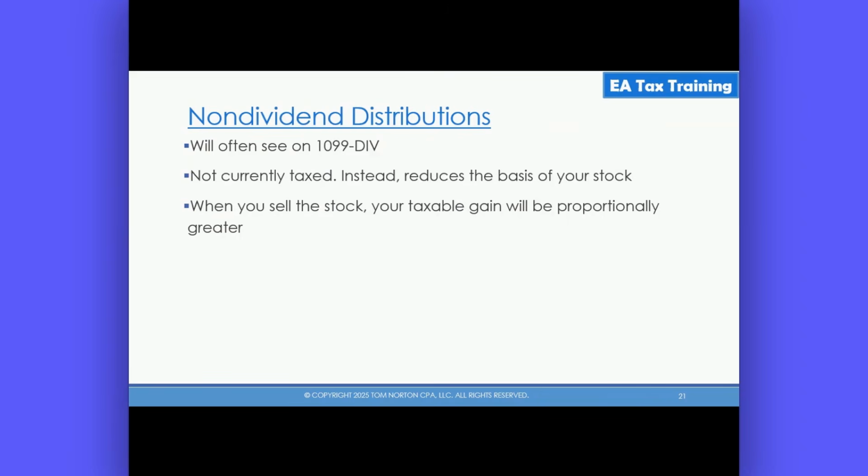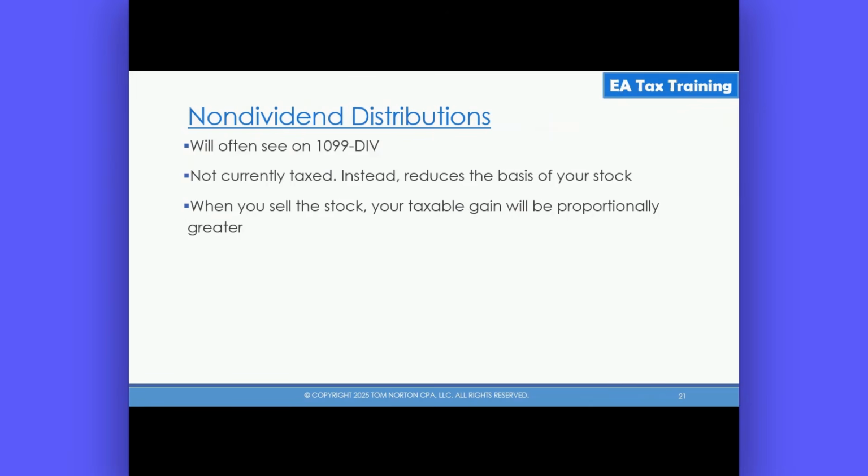Non-dividend distributions. So sometimes a corporation will make a distribution to their shareholders that is not considered a dividend. And you'll often see this on a 1099-DIV. If it is a non-dividend distribution, then it is not going to be currently taxed.